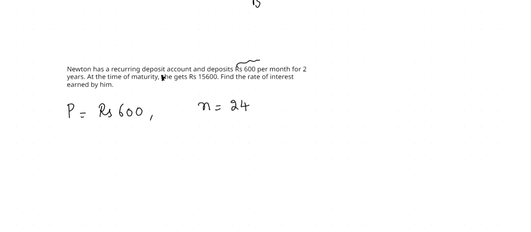Newton is depositing this amount every month for 24 months or 2 years. And finally, the amount is going to mature. After that, he's going to get how much? The maturity value is rupees 15,600. So find the rate of interest earned by Newton.